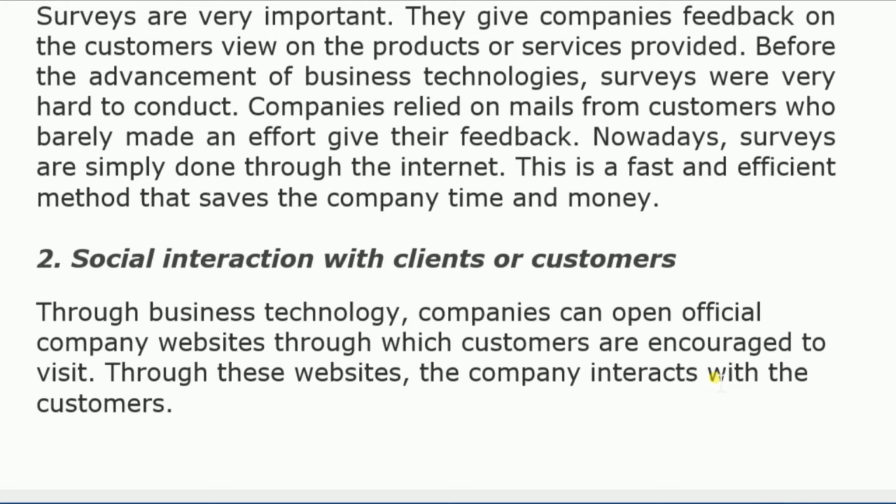The best example is, for example, you have purchased an HP laptop and there may be some problems. But you may think that the problem can be solved by yourself. Then you can visit the HP website and take the help which is already kept on the website.